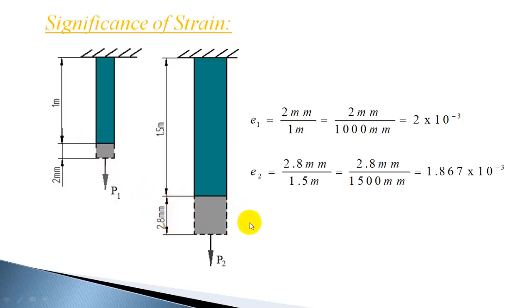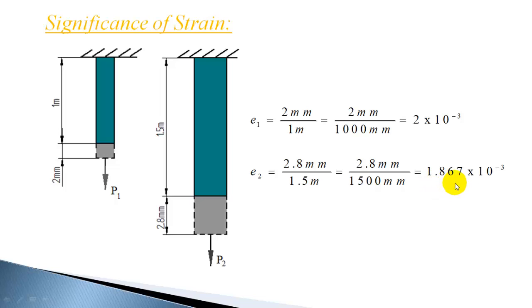But what is the deformation produced in unit length, in 1 millimeter length or 1 centimeter length or 1 meter length? So suppose this bar was of 1 meter length, what would have been the deformation? That you can get from this strain. 1.867 into 10 raised to minus 3 meter in 1 meter length.